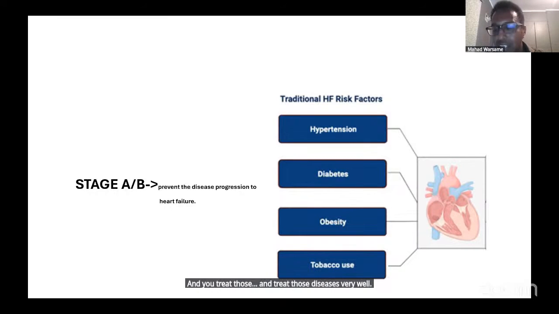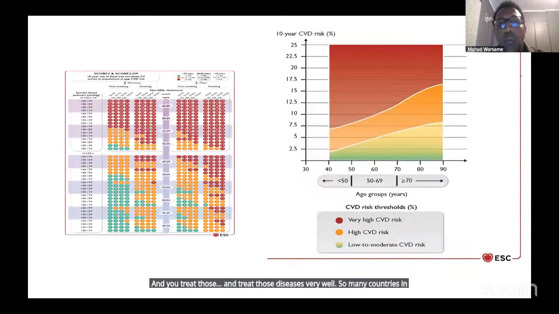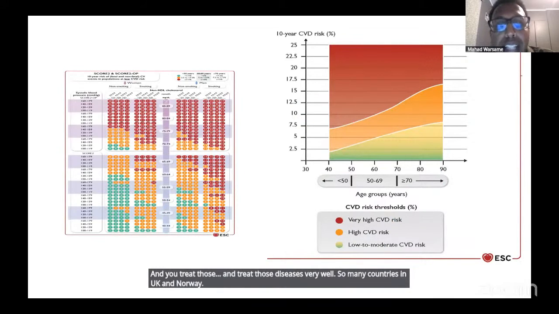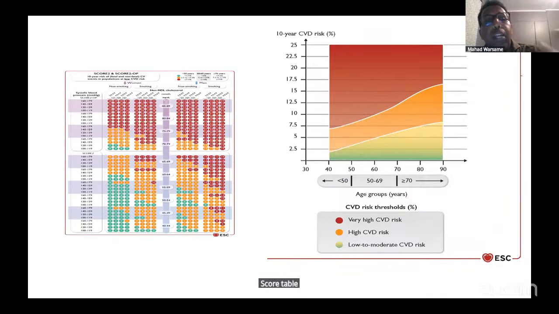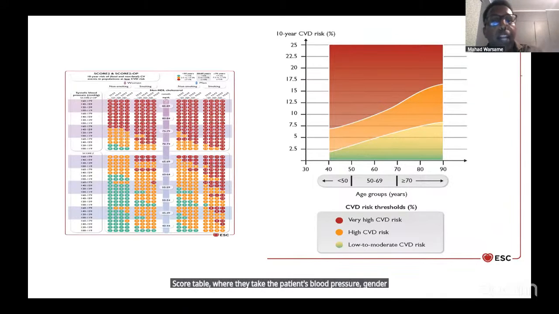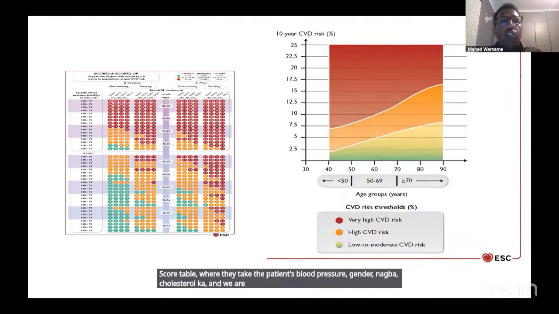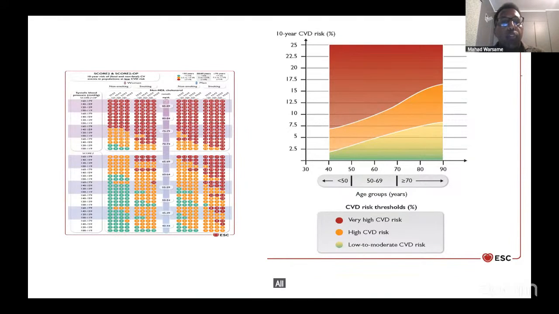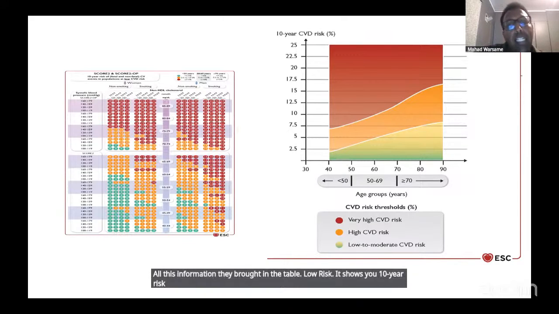In many countries, the UK, Norway and the USA, general practitioners have their score table where they take the patient's blood pressure, gender, cholesterol, smoking, all this information, and they put it in the table. It shows you the 10-year cardiovascular risk.